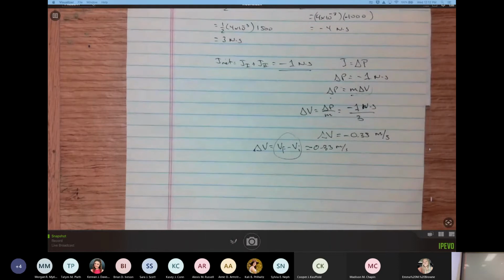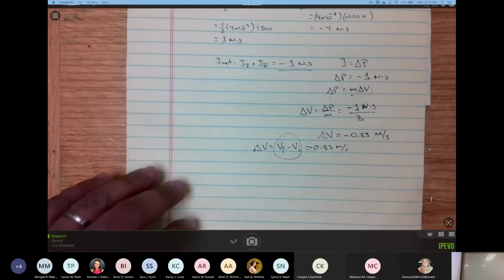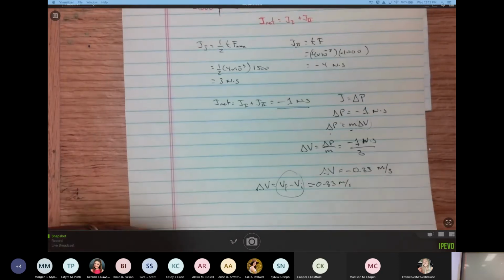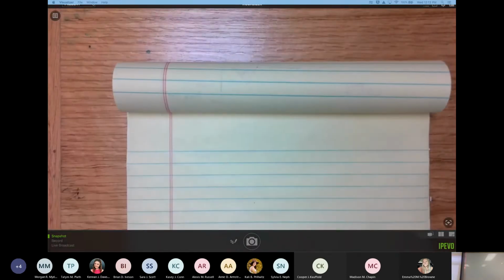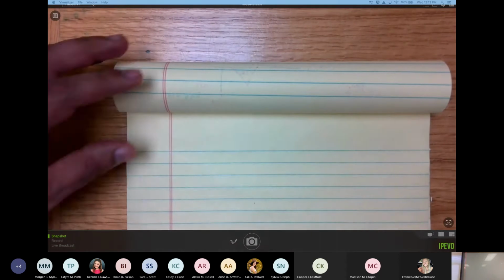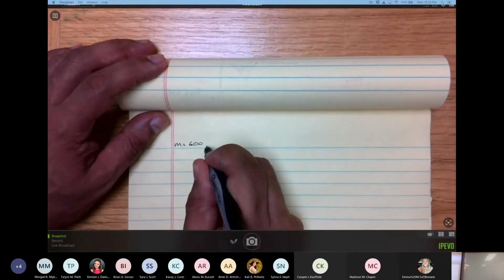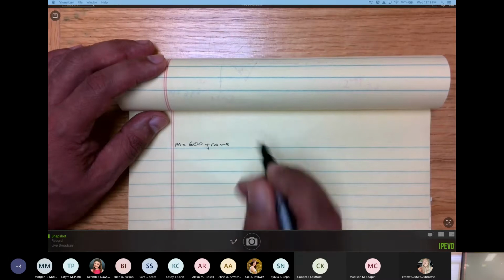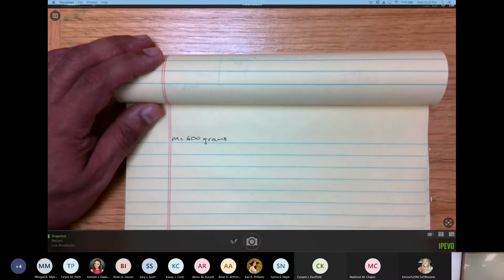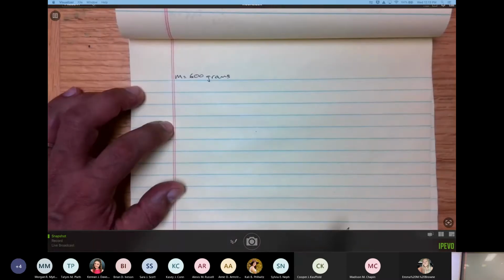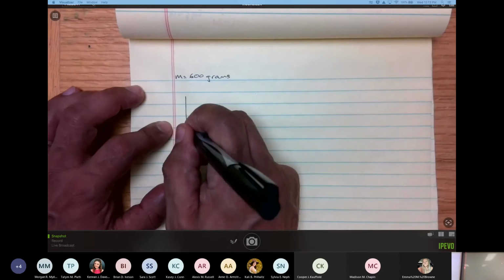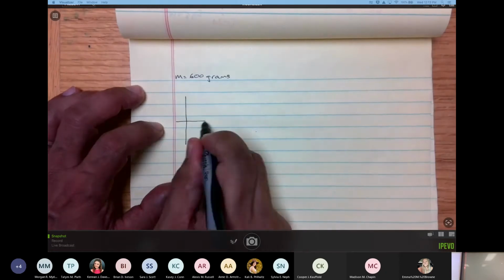Okay. So a different kind of problem. I'm going to have a mass of 600 grams. And now I'm going to have a graph of time versus force.